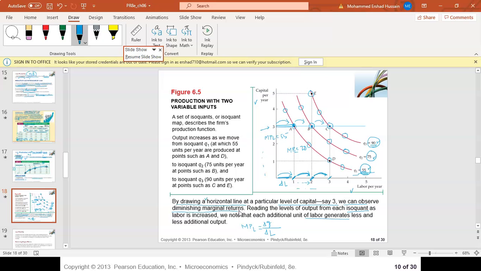The third unit, output increases from 75 to 90. So the marginal product of labor from B to C is 15, right? That's okay because we are keeping capital fixed here at 3. So this is another way to confirm the law of diminishing marginal returns.